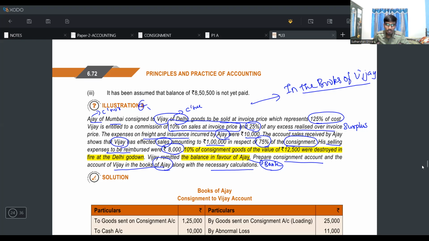So you need to calculate on 1,25,000: 25 by 125 into 1,25,000. If you do this, 1,25,000 minus 1,00,000, you will get your answer.